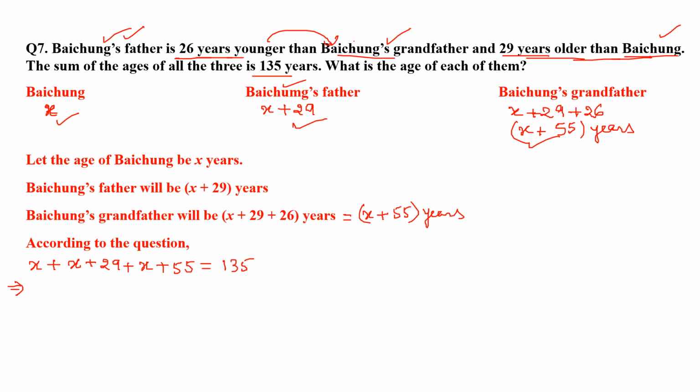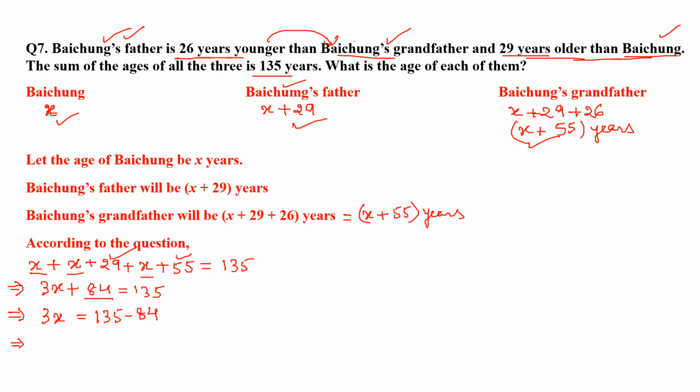Now add the like terms x, x, x, so it will become 3x, and 29 plus 55 will become 84, equal to 135. Next step, I am going to transpose 84 to the RHS. So it will become 135 minus 84.